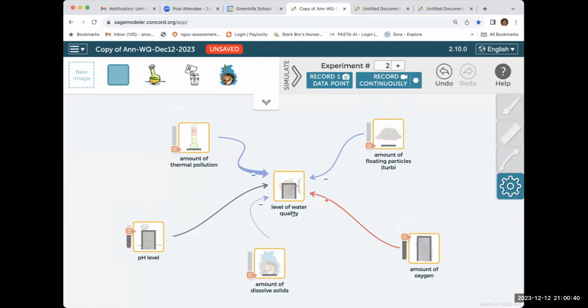And then this would help them with an overall claim in terms of the water quality, right? So if they got neutral pH and no thermal pollution and high oxygen, and then very few dissolved solids, right? High water quality. For us, we always get a large amount of dissolved solids.